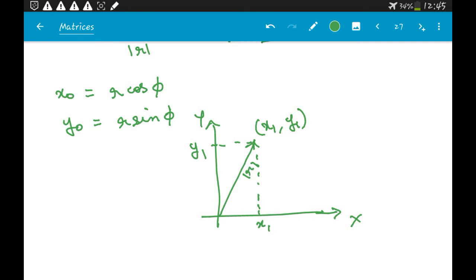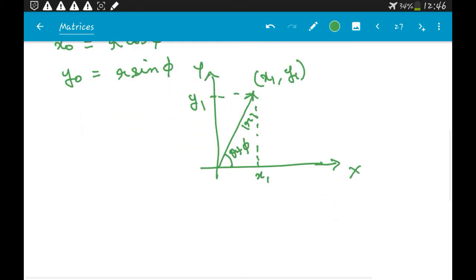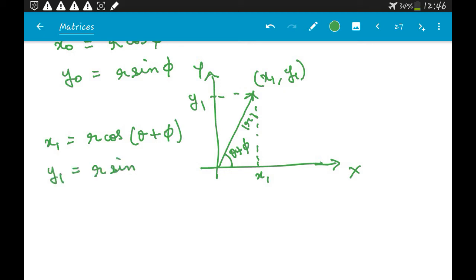But the total angle here now becomes theta plus phi. So if r is the same, we can define x1 and y1 in terms of r and theta plus phi. So x1 is equal to r cos(theta plus phi) and y1 is equal to r sin(theta plus phi).